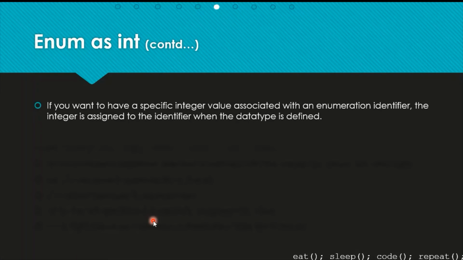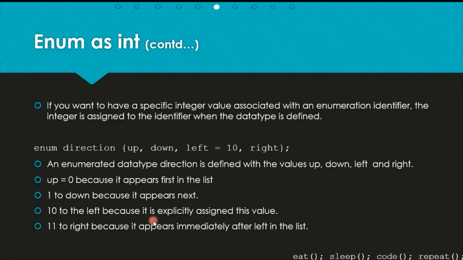One more thing I would like to tell you, that we can self associate a value also. Like here in example enumeration, in enum direction up, down, left and right, so these are the values inside curly braces separated with comma. We have up 0, okay, because it starts with 0. We have down 1 because it is next to up, but we have left which is initialized or associated with integer 10, so 10 will get associated with it, and then right is next to 10, so it will be 11.